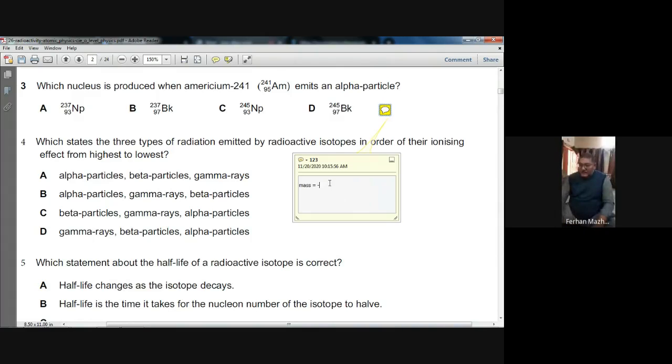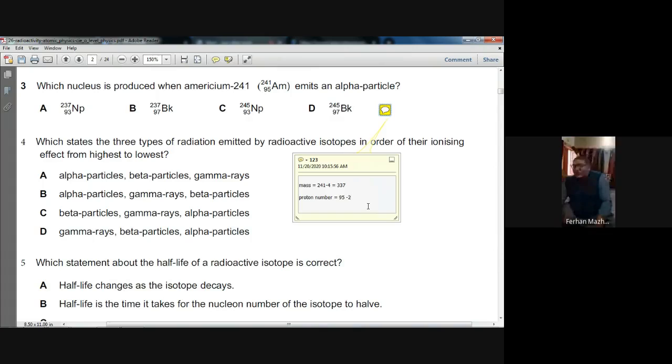241 minus 4. So what will be the answer? 241 minus 4, I think, 237. And the proton number is reduced by 2. Previously it was 95.